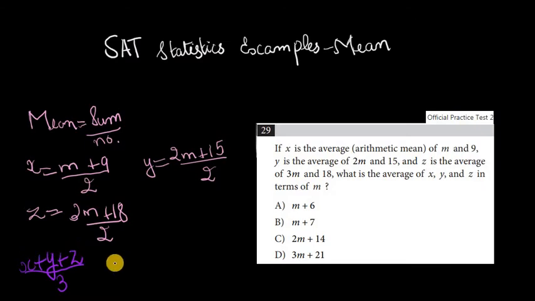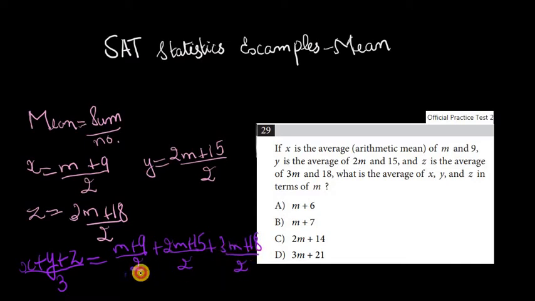And so when I write that down, it's going to be m plus 9 over 2 plus 2m plus 15 over 2 plus 3m plus 18 over 2. And all of that divided by 3.